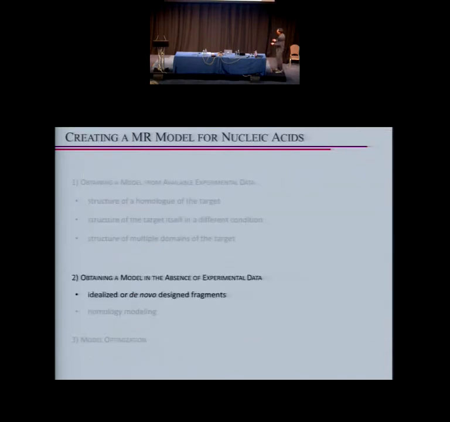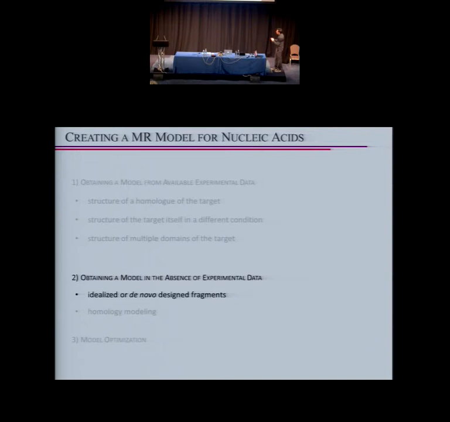Finally, I already pointed to you the work of Elizabeth, which uses ab initio approaches, or can design structures of RNA fragments ab initio. And I want to touch more deeply on this topic by showing you that even in the absence of experimental data, it is possible to create good models, suitable for molecular replacement searches, in the case of nucleic acids.